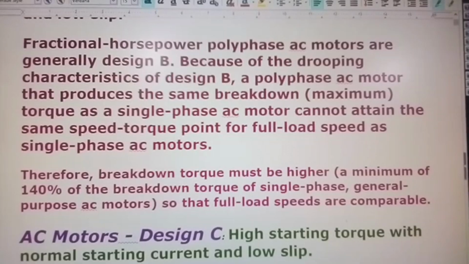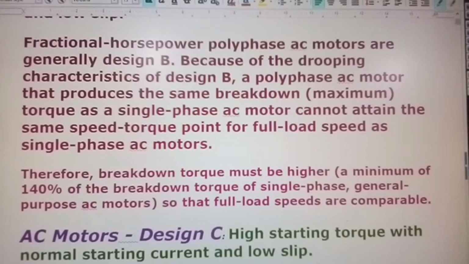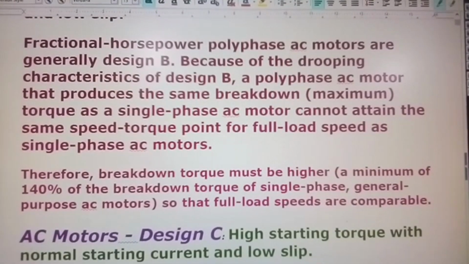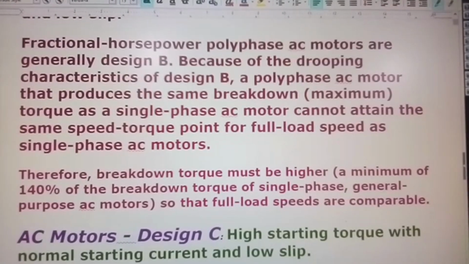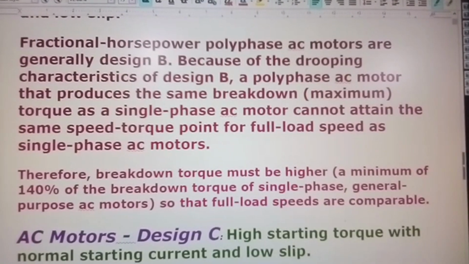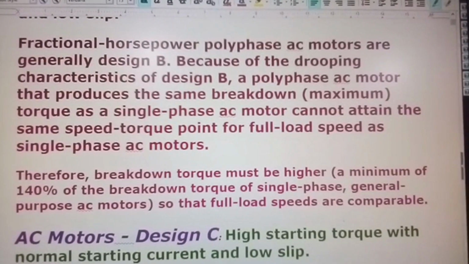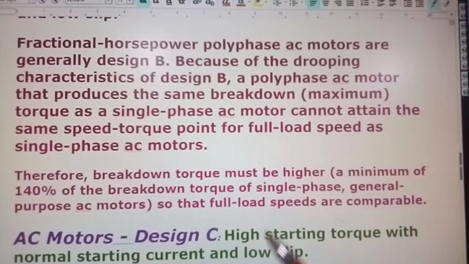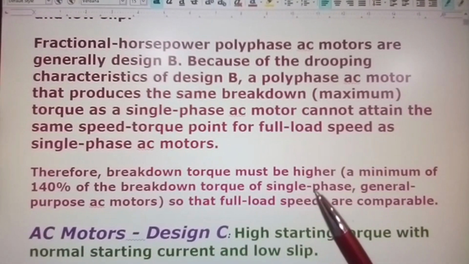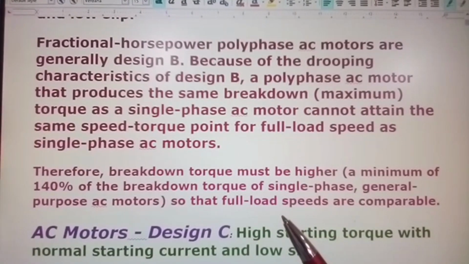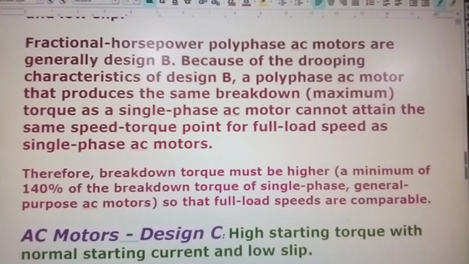And if you consider the breakdown torque, meaning that the motor may begin to stall at over a given load because it cannot operate or pull that load, then you're looking at this 40% value. Now again, do some additional reading. Make sure that you understand the concept of what we're looking at in regards to breakdown torque.